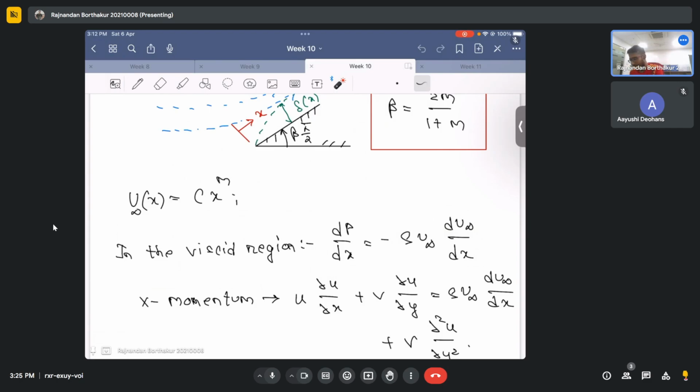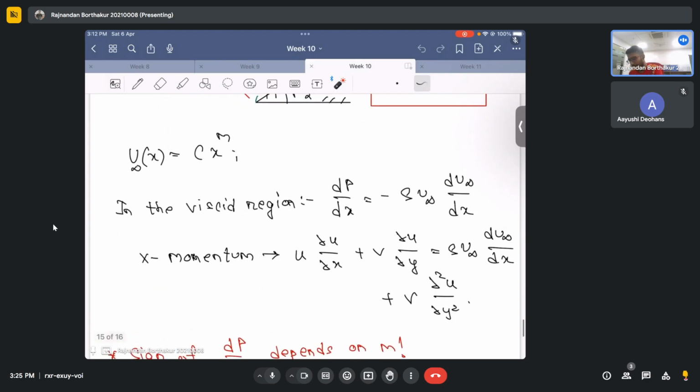Which means that in the x momentum equation, instead of the term dp/dx going to 0 as for the flat plate, we now have a non-zero pressure gradient of this form, which is a function of u infinity. This is my modified x momentum equation, and precisely this equation, if written in terms of the stream function and following exactly the same approach as for the Blasius solution, will give you the Falkner-Skan ODE that you saw.